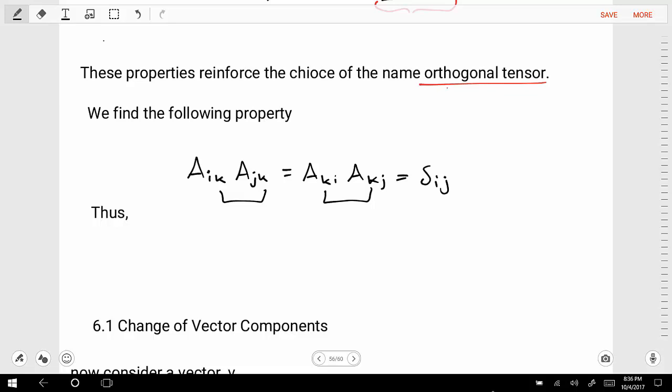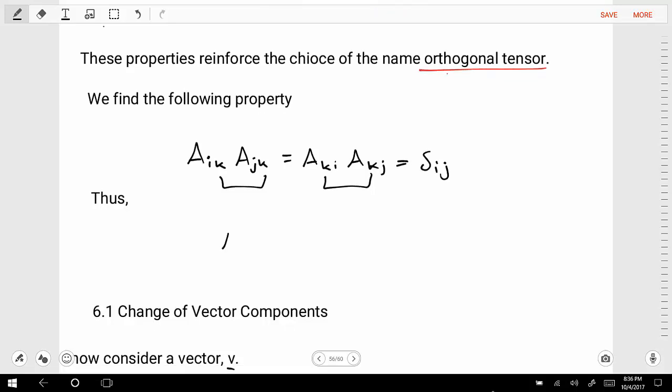Now, when we put this into coordinate-free notation, it actually becomes much clearer. This is telling us that we have A times A transpose, that's equal to A transpose A, and the product of these is simply our identity tensor.